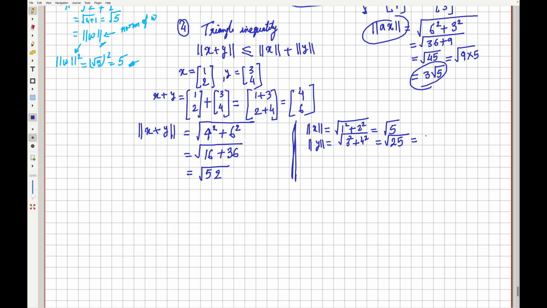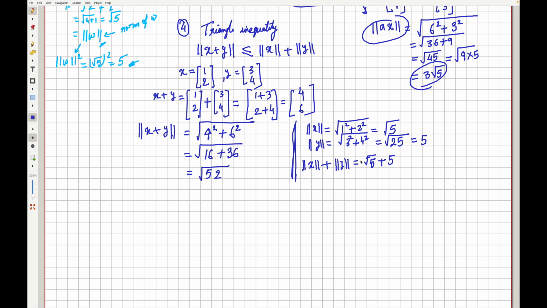That gets us a value of 5. So if we now get the sum of the norm of x plus the norm of y, we get the square root of 5 plus 5.